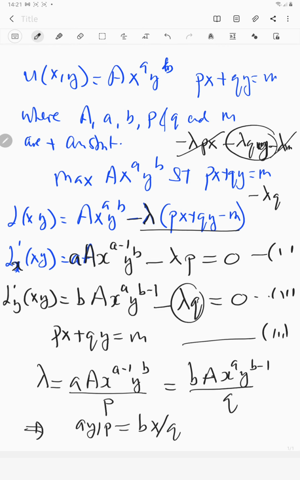From that point, you must solve for one variable in terms of the other values, and then thereafter solve for x and for y.